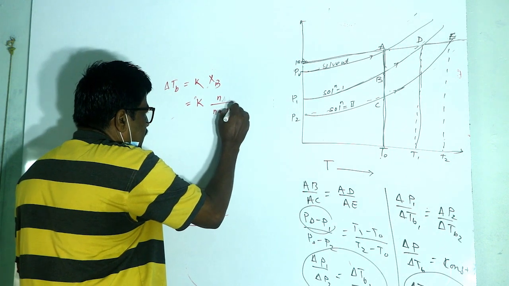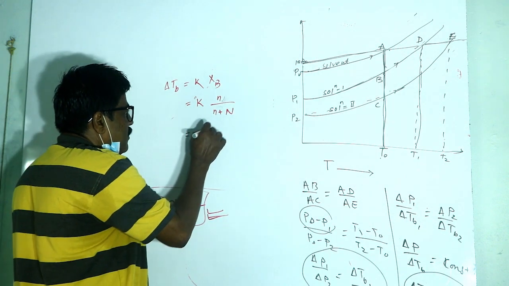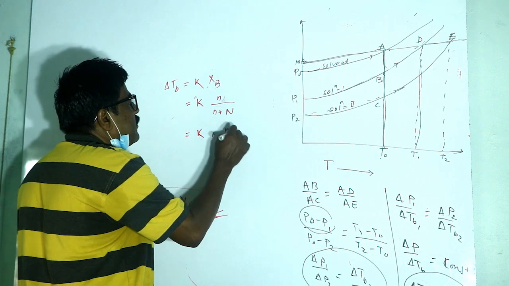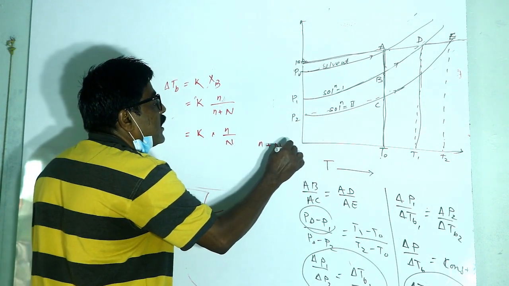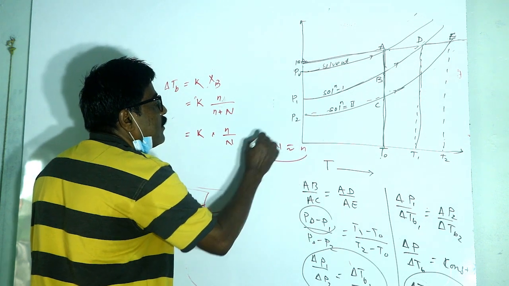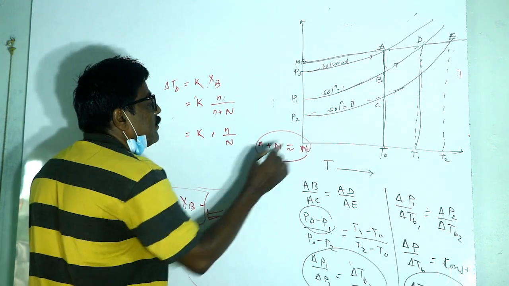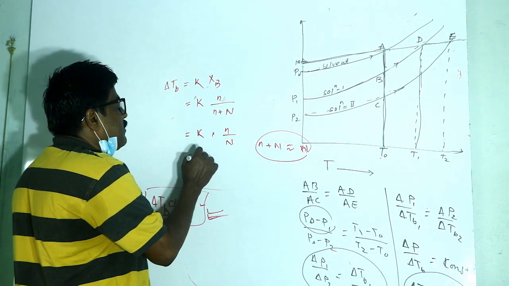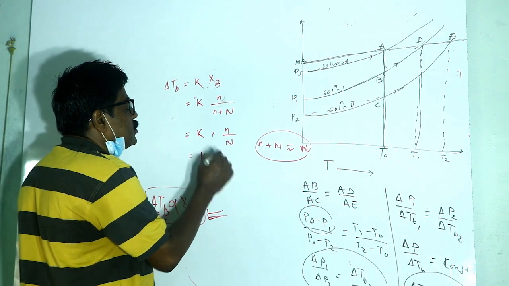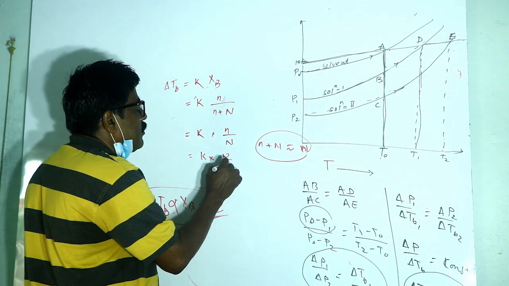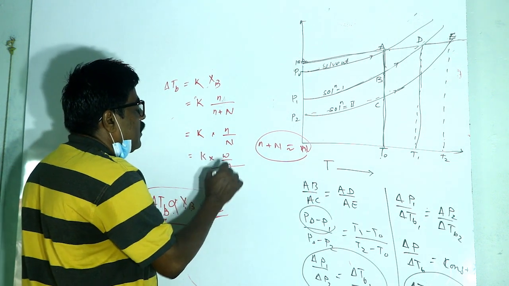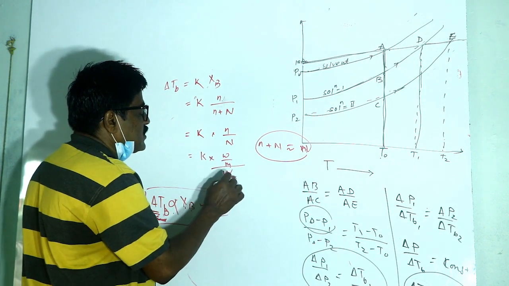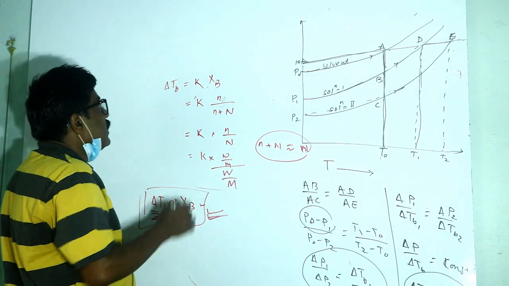Here, for very dilute solution we can reduce this to capital N only, because n plus N for very dilute solution is nearly equal to N. So n means number of moles of the solute, that is w by molecular mass m, and capital N is capital W by molecular mass M. This is the solvent, this is for the solute.